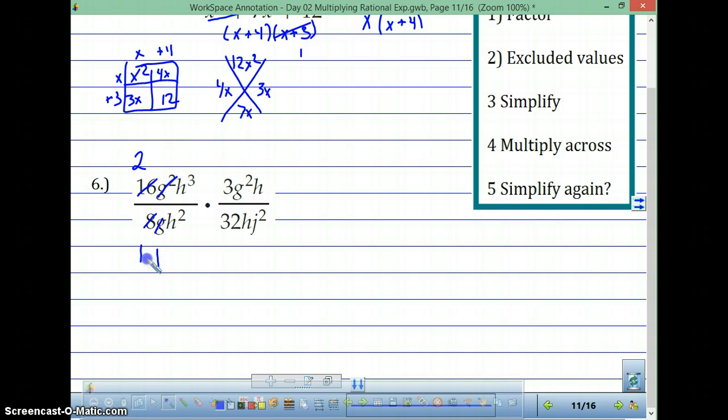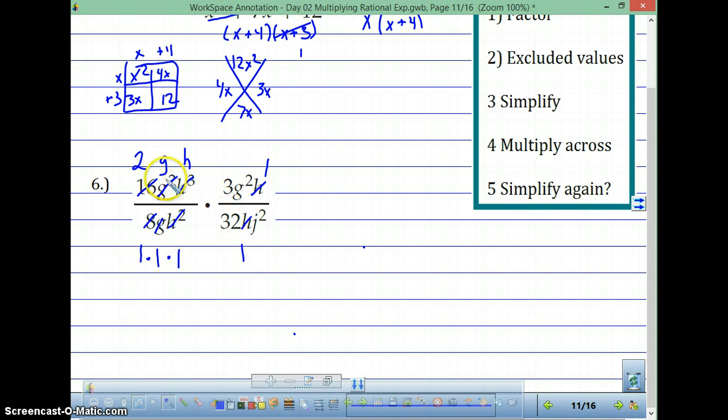That g becomes a 1. This becomes a g. How about these h's? Of course those simplify too. So we end up with h on the top and a 1 on the bottom. These 3's, that 3 does not go into 32. The h's will simplify. That becomes a 1 and a 1.